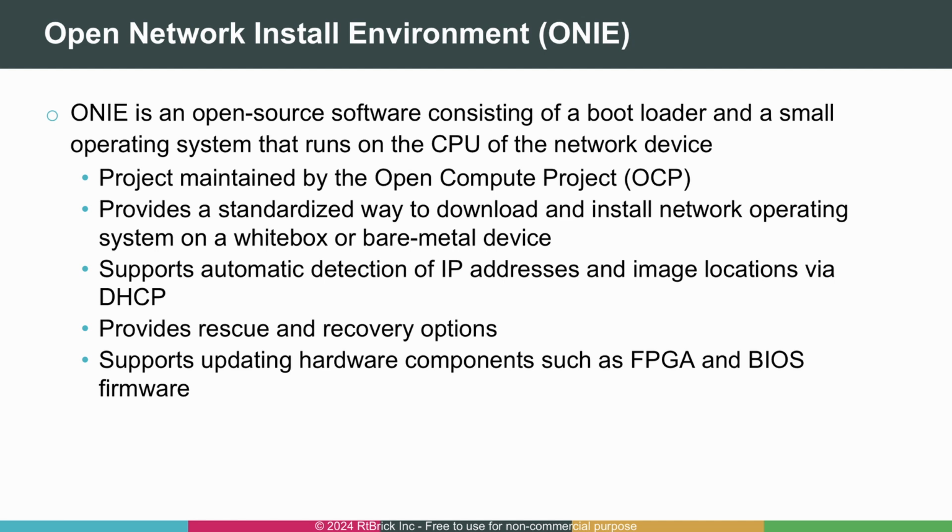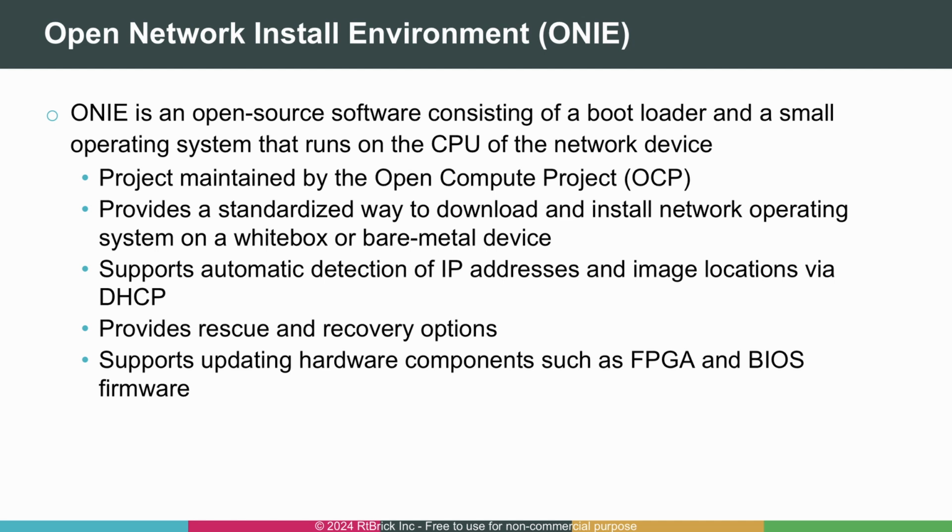When a switch powered by ONIE starts up, it first boots into the ONIE environment. After obtaining an IP address, usually via DHCP, ONIE searches for a boot image source by looking for a server, such as a TFTP or HTTP server, that holds valid NOS images.